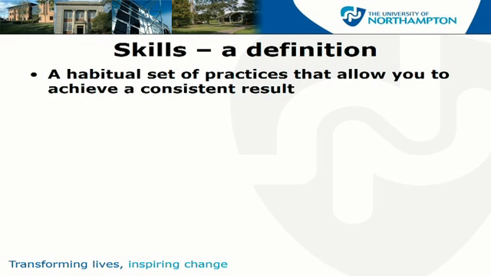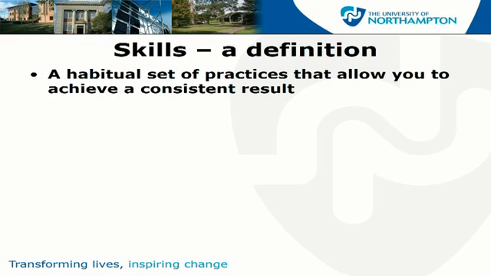Let me unpick that definition a little bit with you, because it's not quite as straightforward as it sounds. When we talk about habitual, often we think about habits as things that we do regularly, but that's not really what I'm driving at here. What I'm on about is how natural and how unconsciously you perform that action.